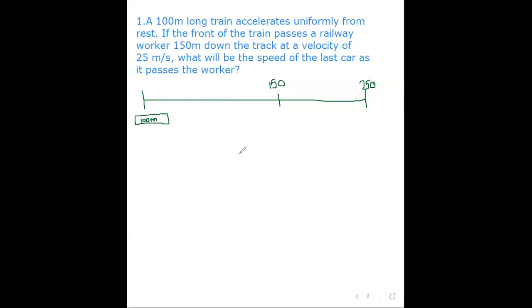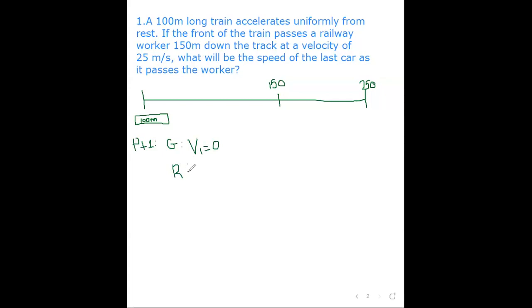I think this question's best broken down into two parts. In part one, all you're using is your kinematics equations. So you'll have GRS, and the initial velocity here is 0 because it's at rest.